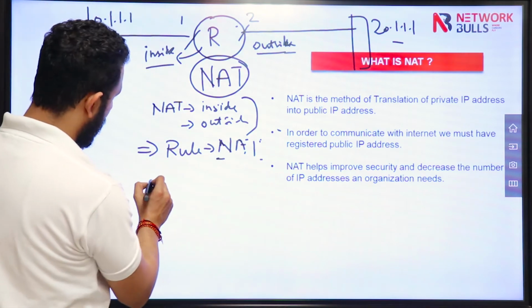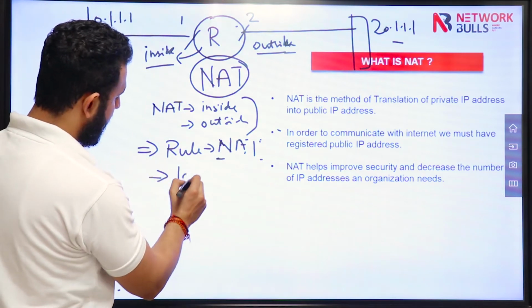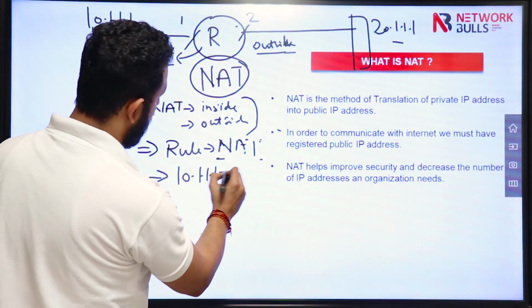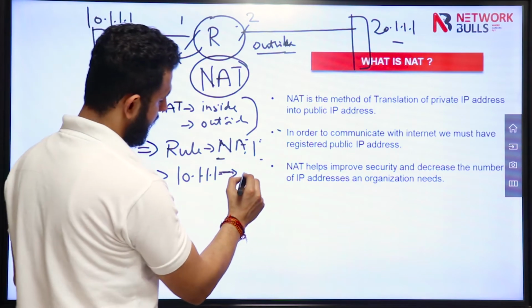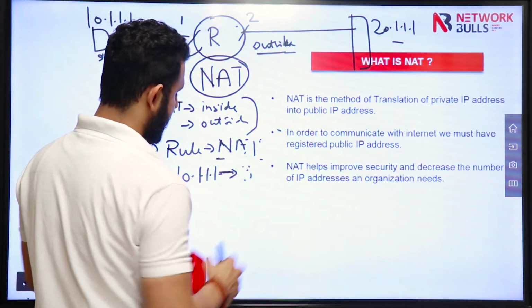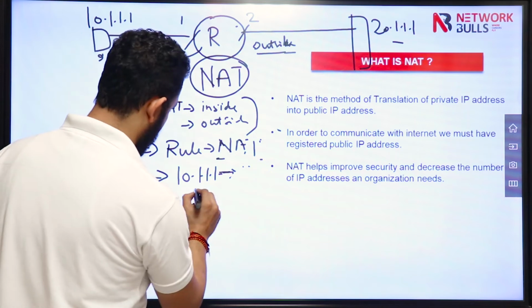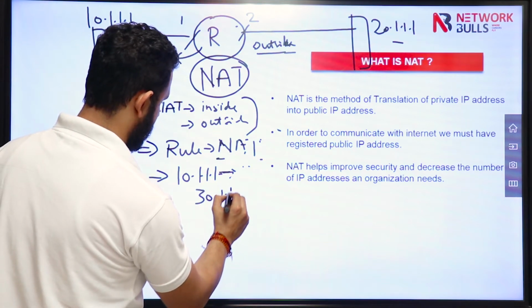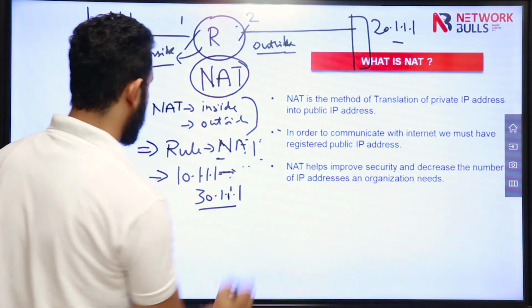So I have defined a rule that says please translate the 10.1.1.1 IP into, for example, 30.1.1.1.